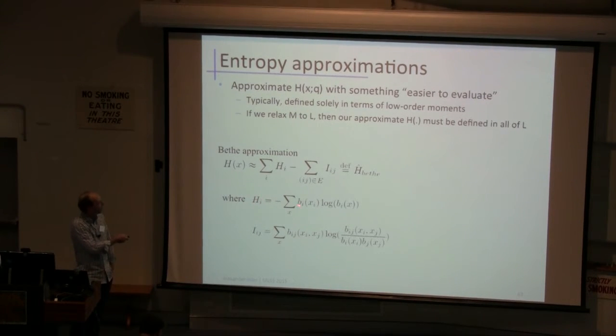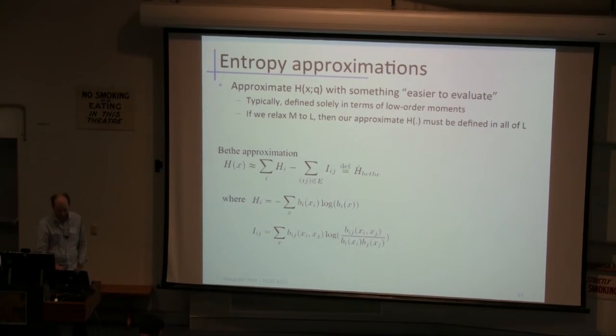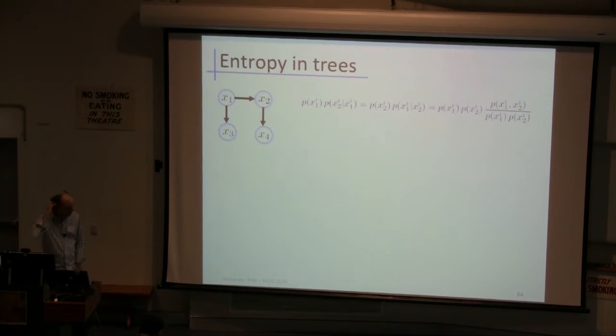And so H_i is the entropy of X_i, and I_ij is the mutual information, so the cross entropy between the probability of X_i, X_j, and its product of marginals. So why is this a reasonable thing to substitute as an entropy approximation? In tree-structured distributions like this, it turns out to be exact.